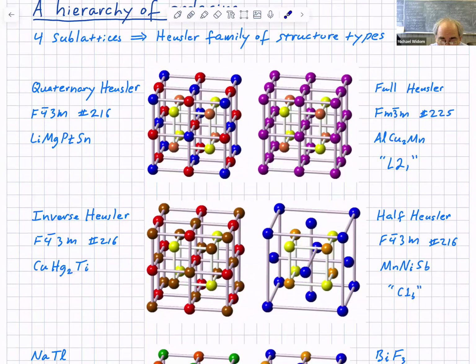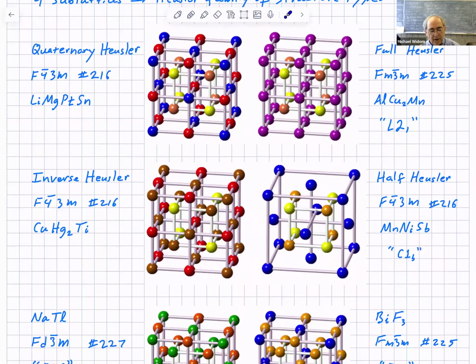So the hierarchy of ordering involves what's known as the set of Heusler structures. The most general of these is the quaternary Heusler, quaternary because there are 4 sublattices, and then we place different chemical species, red, blue, yellow, and orange on each of these different sublattices.